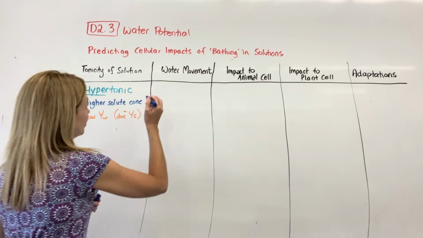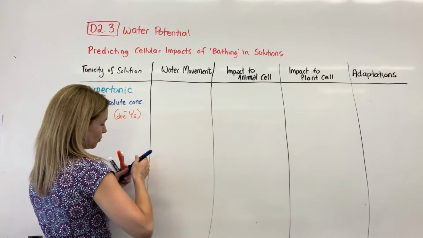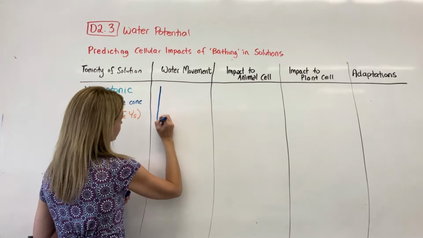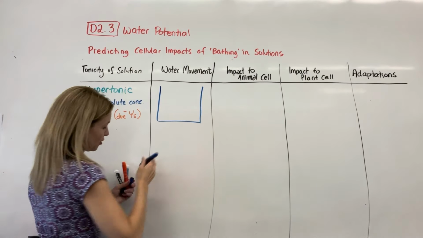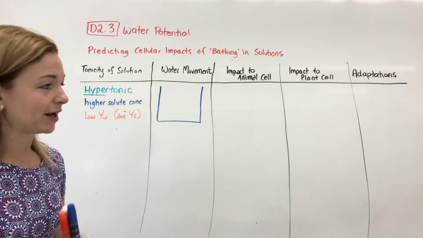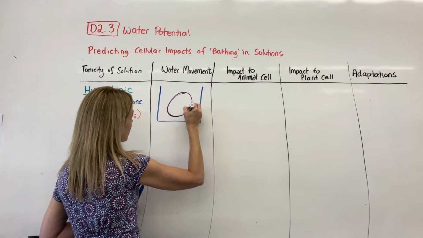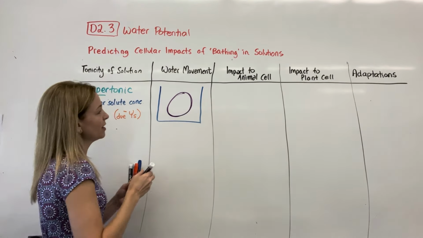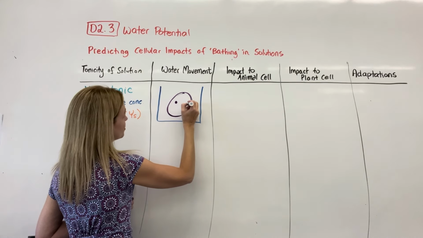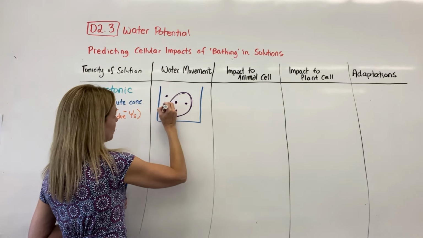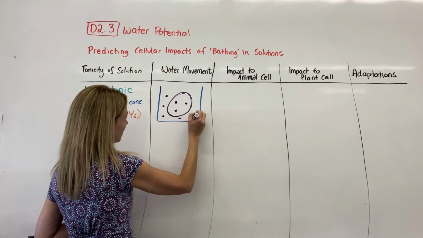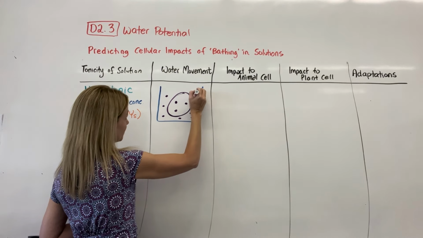Now let's have a look at kind of showing that. So here will be our bathing environment. Then we'll draw a random cell. This can be my cell. So my cell is going to have 1, 2, 3 solutes. My environment is going to have lots and lots and lots of solutes.